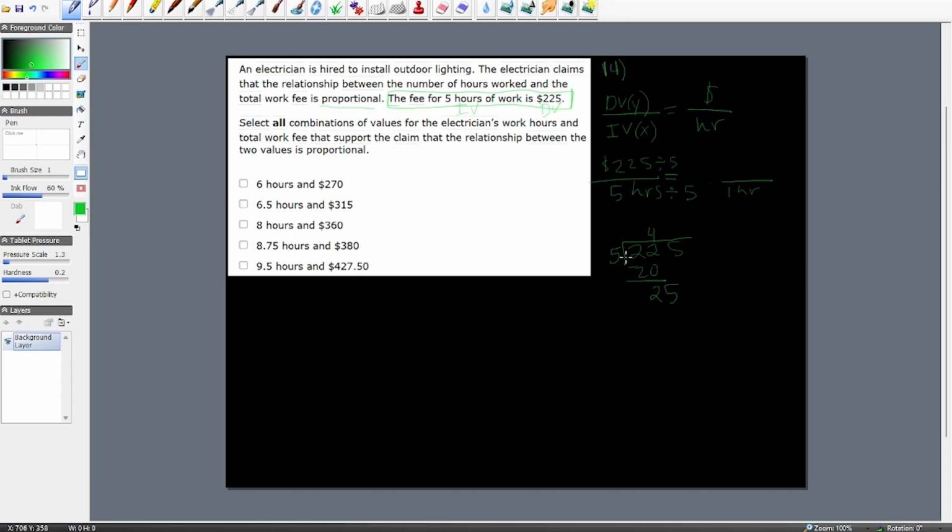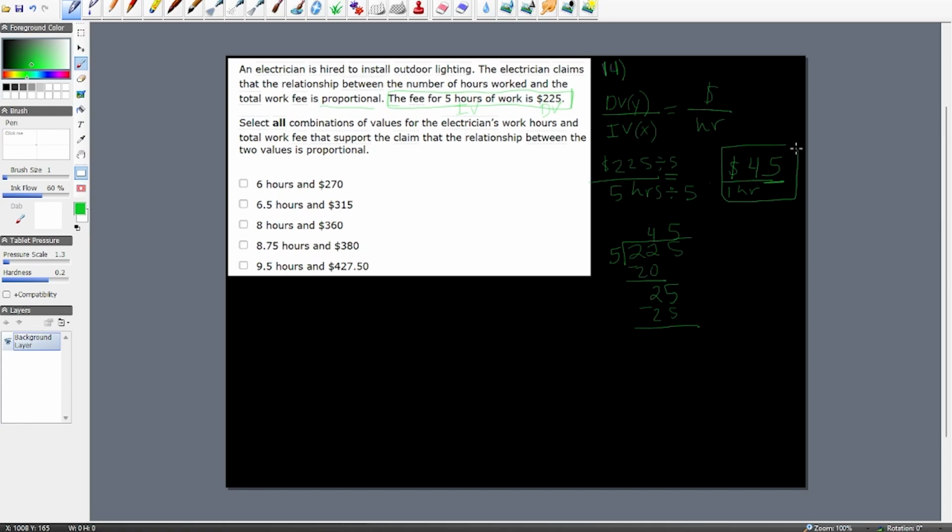Bring down the 5. 5 goes into 25 5 times. 5 times 5 is 25, and we're done. So he gets $45 per hour. All we did was scale down that amount they gave us in terms of how much he gets per 1 hour.